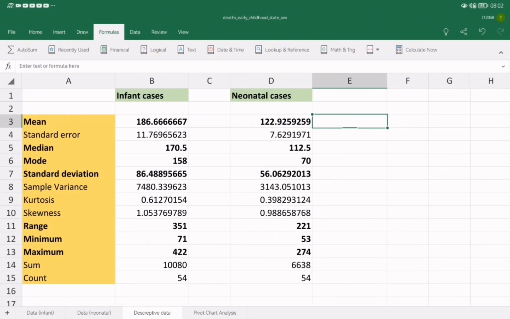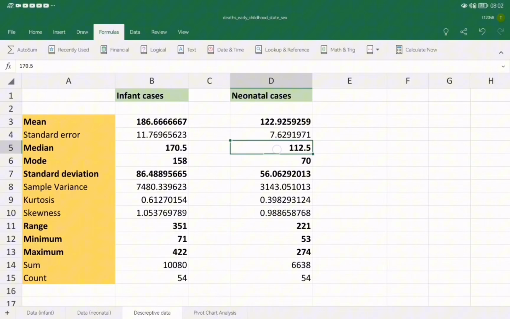The standard error of infant cases is 11.76965623, and for neonatal cases, 7.629191. The median of infant cases is 170.5, and the neonatal cases is 112.5.